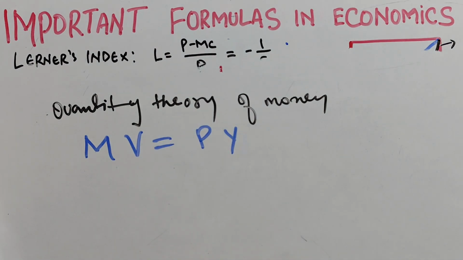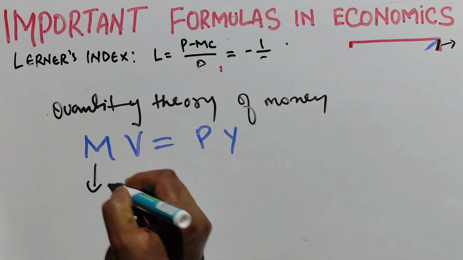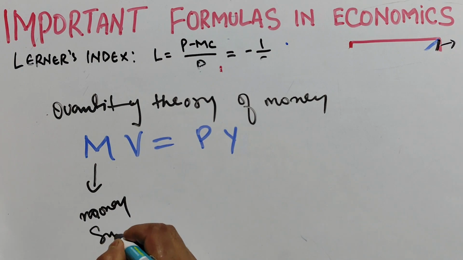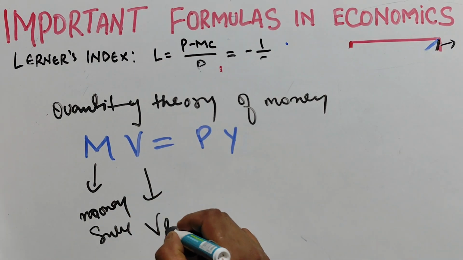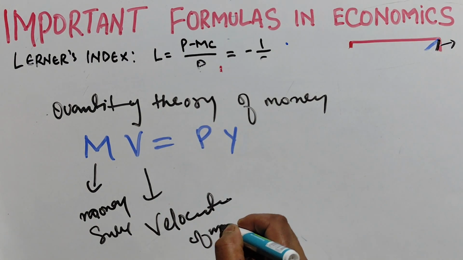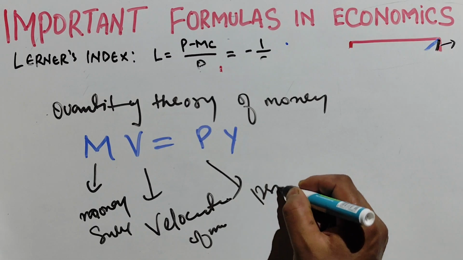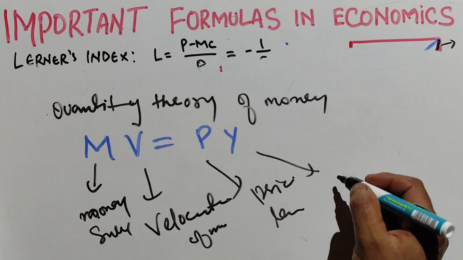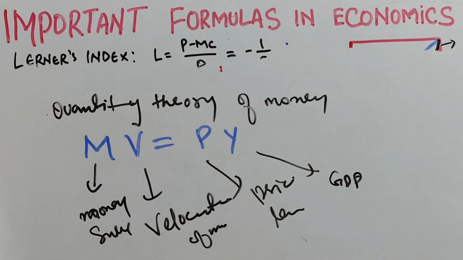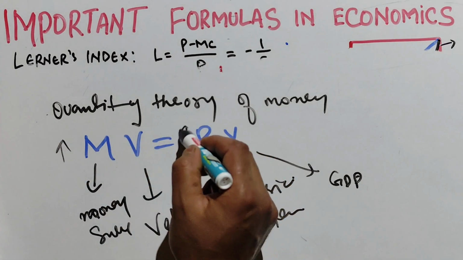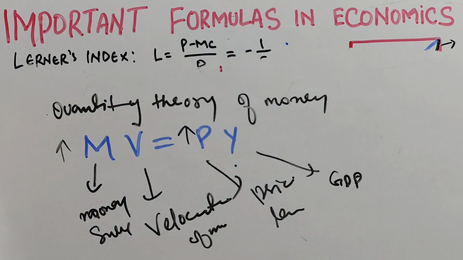M denotes the money supply, V denotes the velocity of money, P denotes the price level, and Y denotes our GDP. It simply tells us that if V and Y are constant and money supply increases, prices will also increase. This is from the equation of exchange or quantity theory of money.